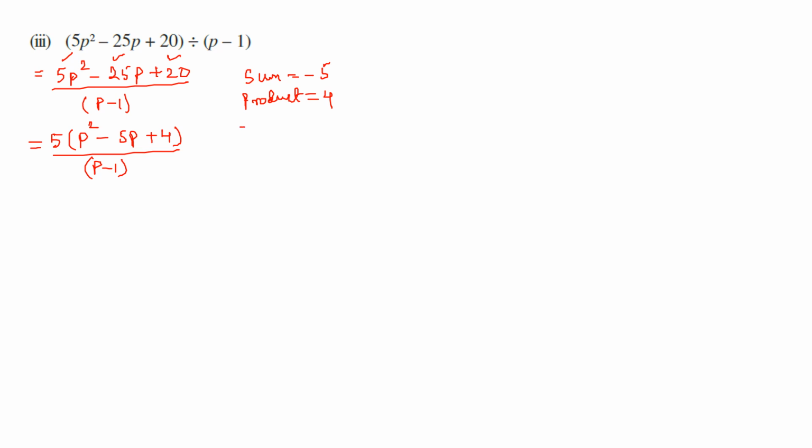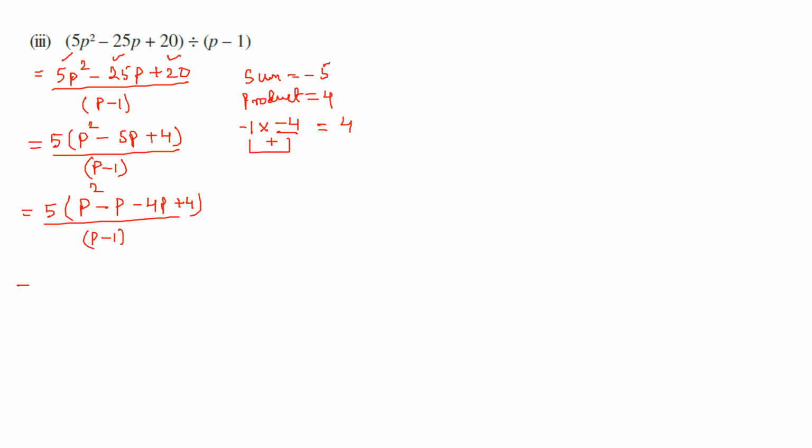So let me take, if in minus 1, what I will multiply such that I will get 4. So in minus 1, if I multiply minus 4, I will get 4. And let's add these 2 and see is my sum is minus 5. So if I add minus 1 and minus 4, I am getting minus 5.